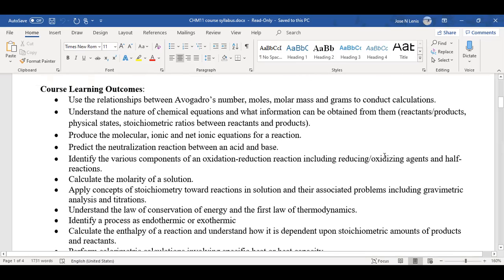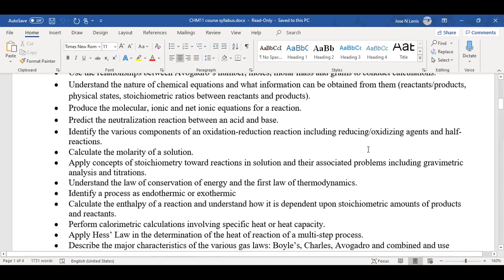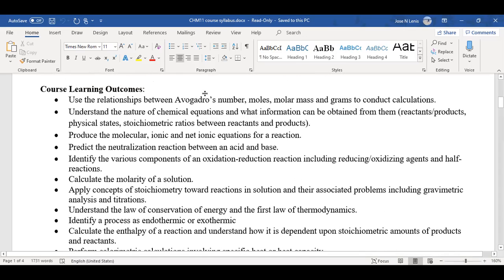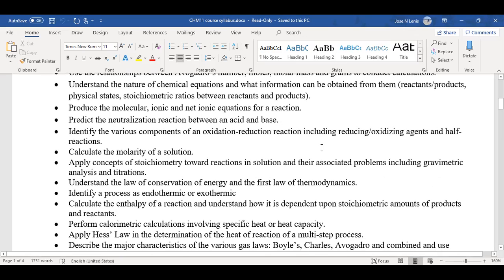All right. So these are some of the course learning topics. We're going to talk about stoichiometric concepts: Avogadro's number, moles, molar mass, grams, how to do conversions, the nature of chemical equations, stoichiometry, how to write molecular, ionic and net ionic equations, and acid-base reactions.